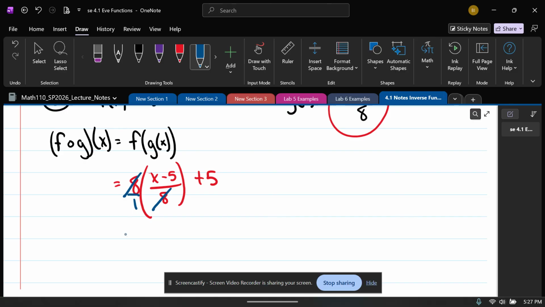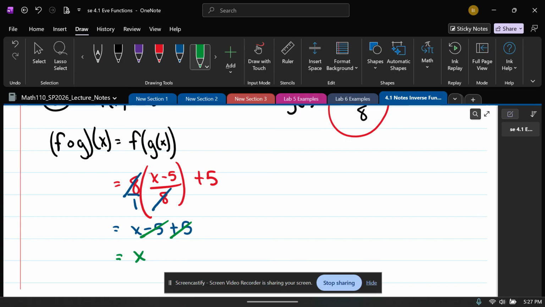So 1 times x minus 5 would be x minus 5. Then what happens with the negative 5 and the plus 5 there? They zero out. Yeah, they cancel each other out. And that leaves me with plain x. Okay? That tells me that I'm pretty sure these are going to be inverses of one another.